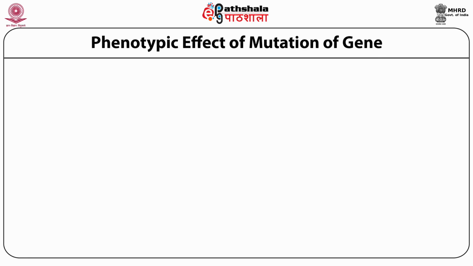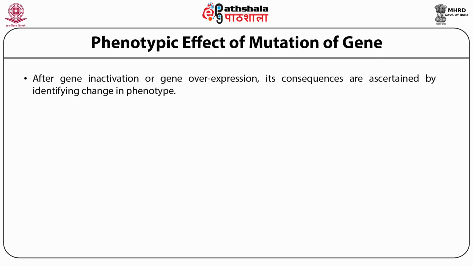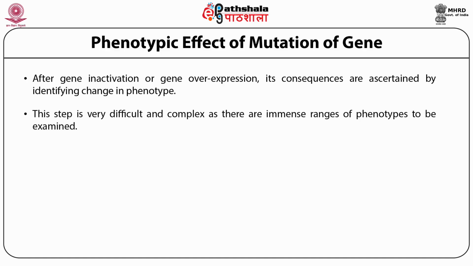Phenotypic effect of mutation of gene. After gene inactivation or gene overexpression, its consequences are ascertained by identifying a change in the phenotype. This step is very difficult and complex, as there is an immense range of phenotypes to be examined.